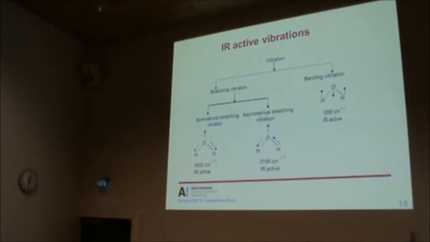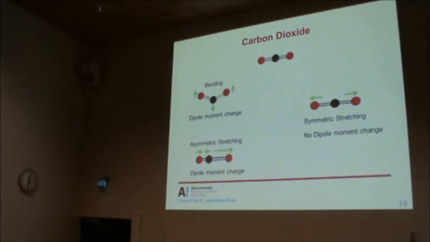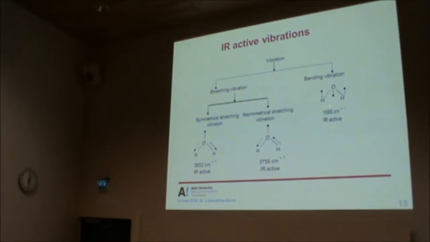Here is a more detailed classification of bonds. You have water, and you have symmetrical and asymmetrical stretch. All these bonds are active, but some give higher intensity and some give lower intensity. Now I'll take another classical molecule, which is carbon dioxide. In the previous water molecule, each of these bonds already has a dipole moment, and since it's not linear but V-shaped, the dipoles don't cancel each other.